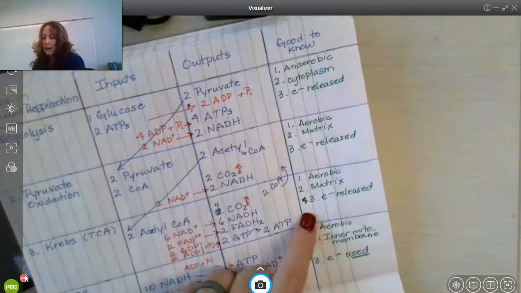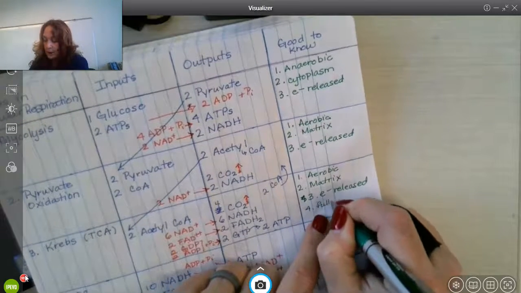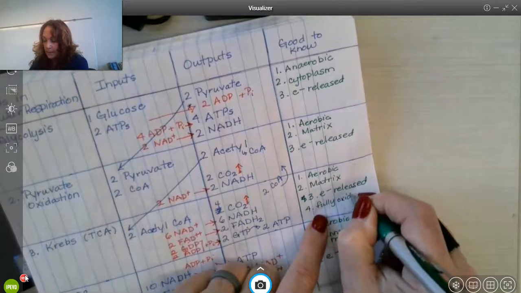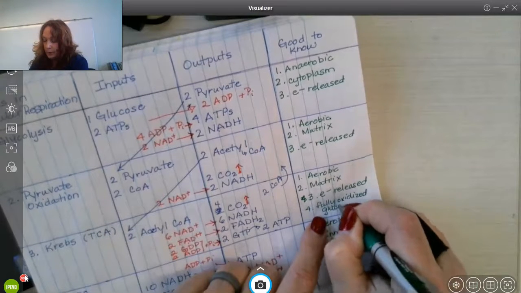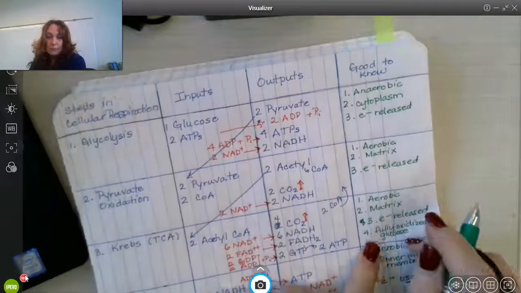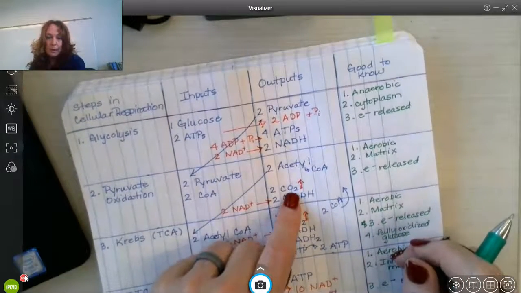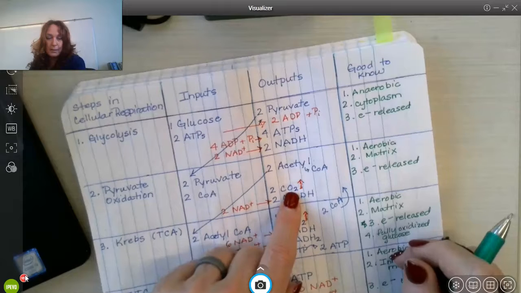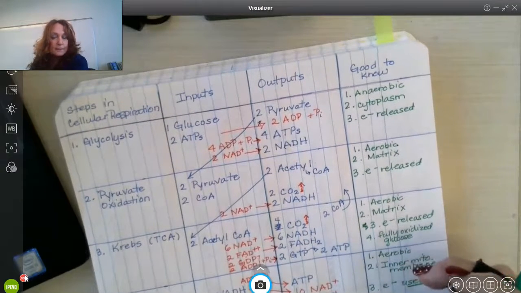So by the time you get to the Krebs cycle, you have fully oxidized glucose. All gone. The 6 carbons that you had, you've broken them into pieces of 2 carbon dioxides in pyruvate oxidation and 4 carbon dioxides in Krebs, and they're gone.